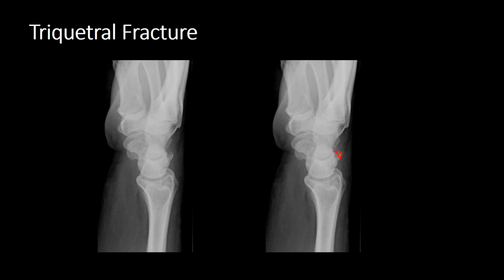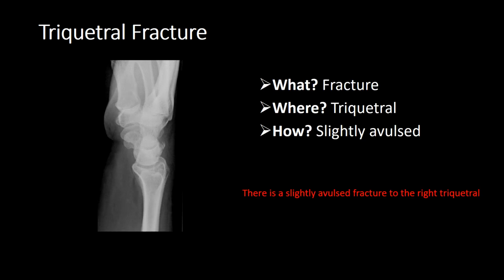If you also look carefully, sometimes the soft tissue swelling will also help to guide you towards making the positive diagnosis of a triquetral fracture. So what is it? It's a fracture where it's the triquetral. How? It's only slightly avulsed because it's still quite close to the adjacent cortex.